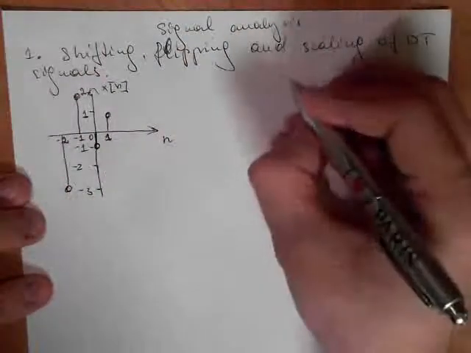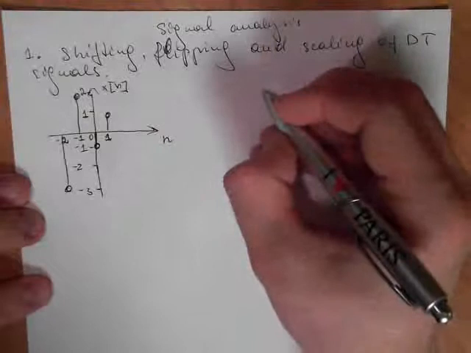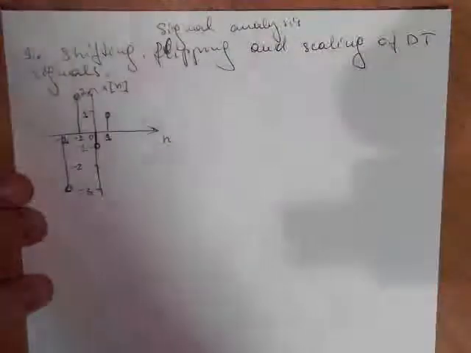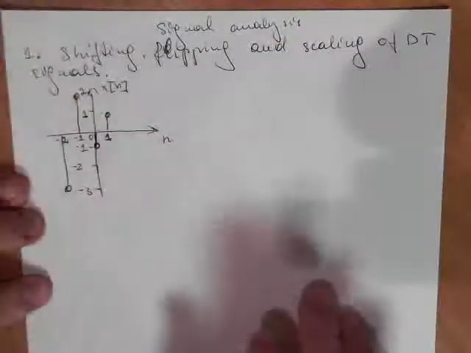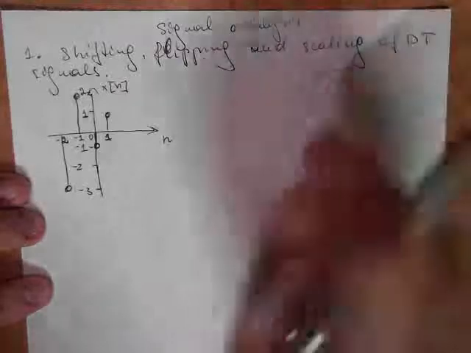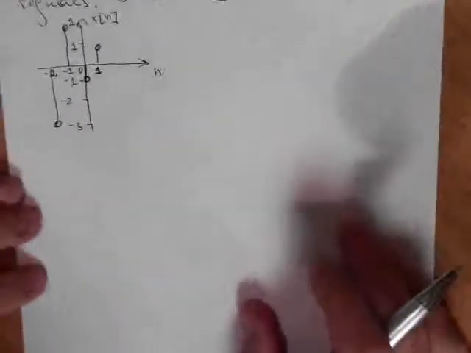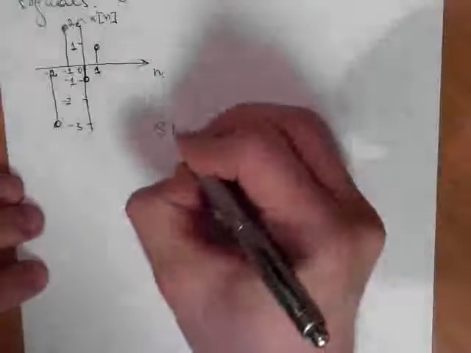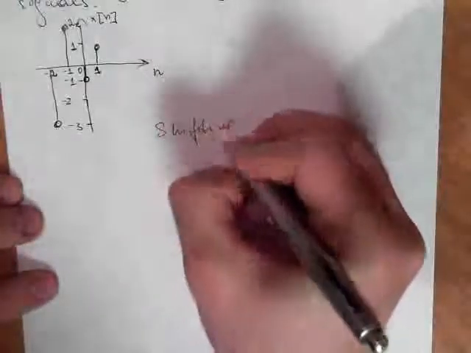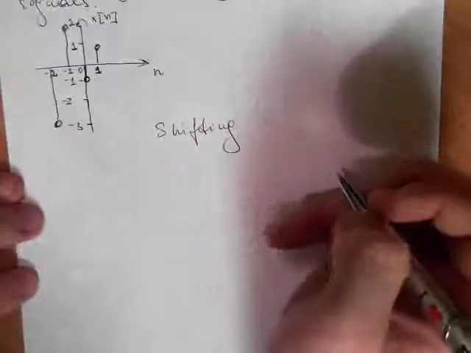So now the shifting property. Shifting of this signal can happen in two ways.